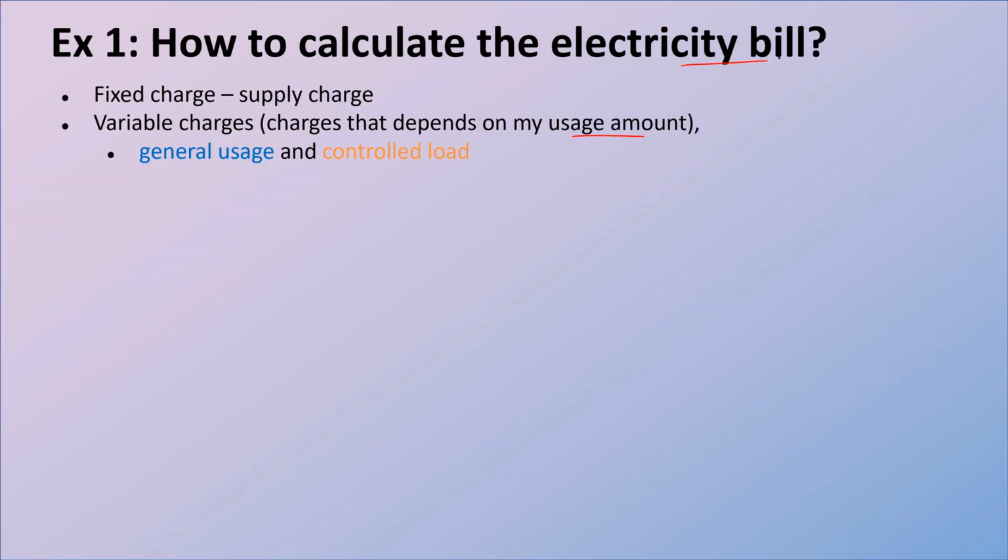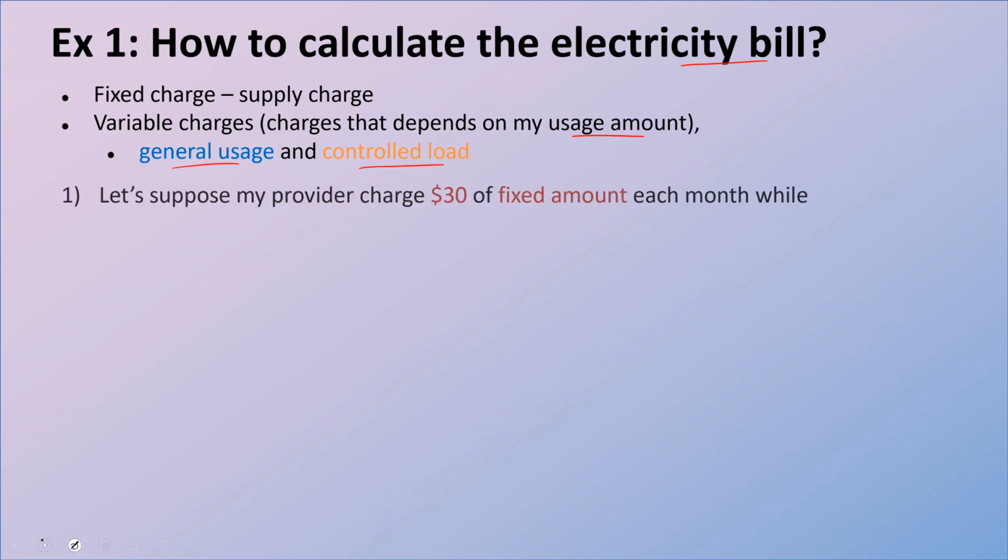In terms of the electricity bill, there are two types of variable charges. One is the general usage and the other is the controlled load, which have different unit costs. Let's see how to calculate the electricity bill this time.